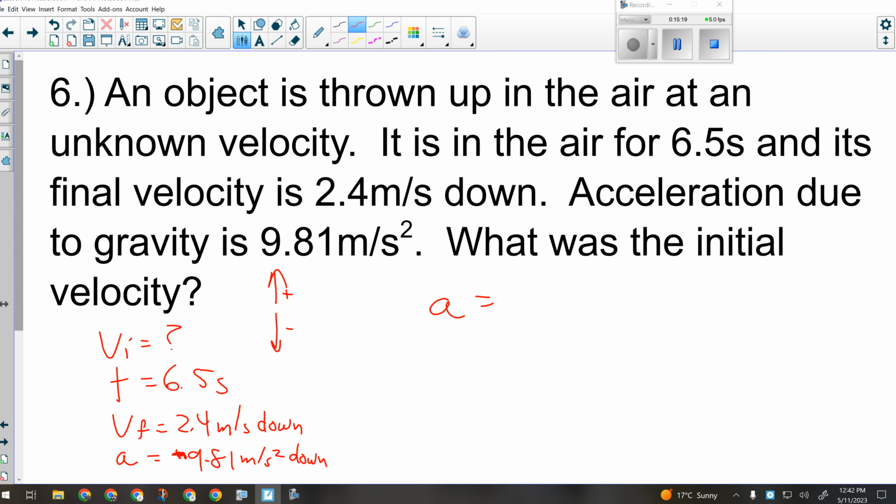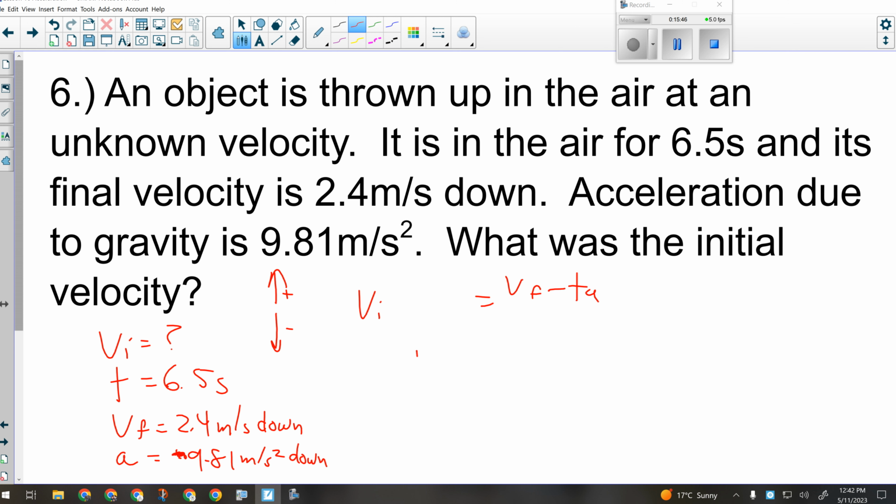So A equals VF minus VI over T. Multiply both sides by T. Add VI to both sides. And then subtract T times A. And I'm left with VI.